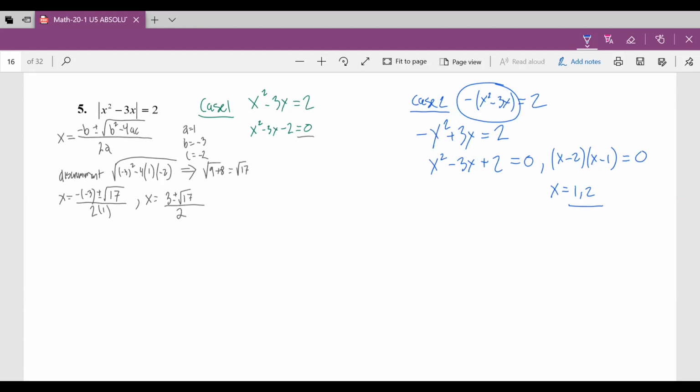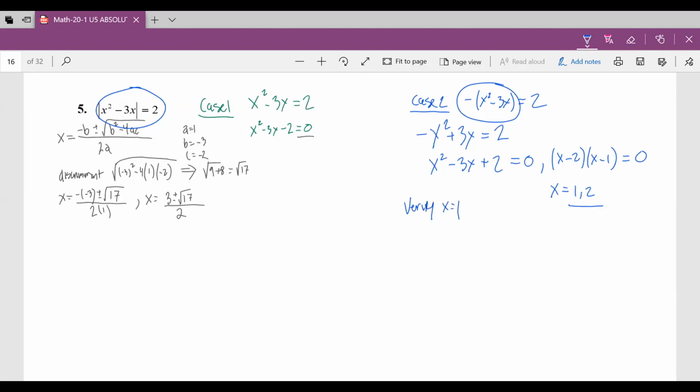So let's sub x equals 1 into the original equation, which was the absolute value of x squared minus 3x equals 2. We get the absolute value of 1 squared minus 3 times 1 equals 2. 1 squared is 1, minus 3 is negative 2, and the absolute value of negative 2 is, of course, 2. So that one works. Good.